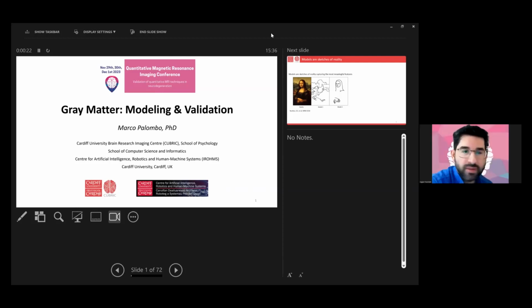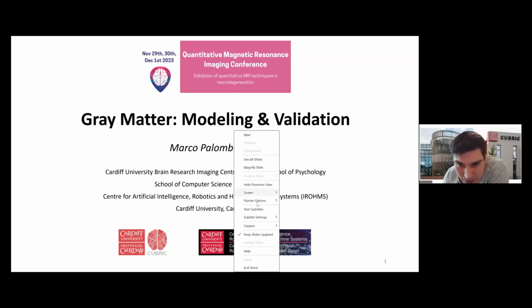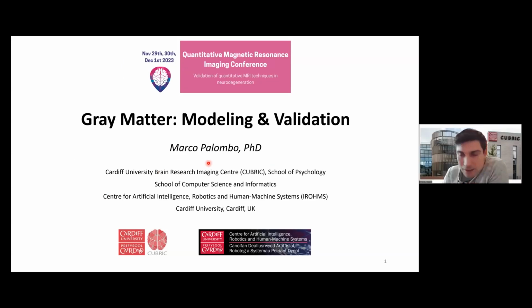Maybe in display settings at the top. Cannot see that. Oh, okay, here it is. It was hidden. Now you see correctly, right? Yes, that's great. And you see my pointer? Yes. Okay. So sorry for this technical delay.